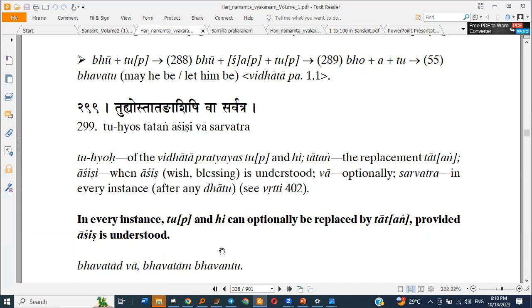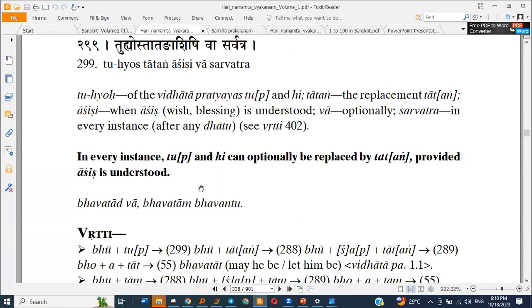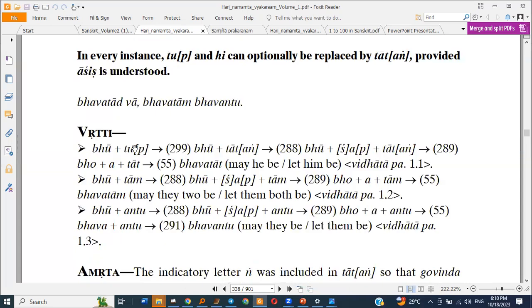In every instance, Tup, which is 1.1, and He, which is 2.1, can optionally be replaced by Tatang, provided Ashish is understood. So basically, when we have Bhu and Tup, we get Bhavatu.